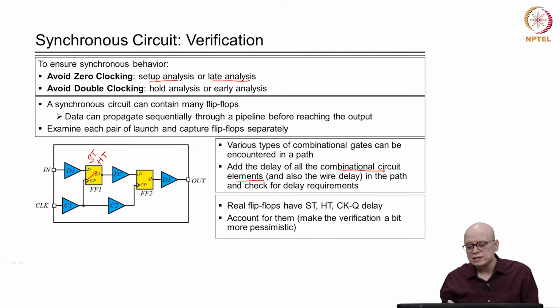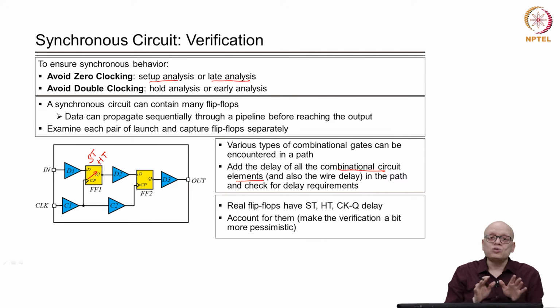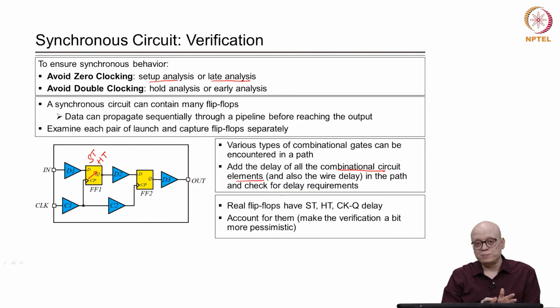So, in those cases, the analysis is similar to what we have done in the previous lecture. The only thing is that the constraints become stricter. We need to consider the time when the signal arrives at the D pin, taking into account the margins of the setup time and hold time of the flip flops also.